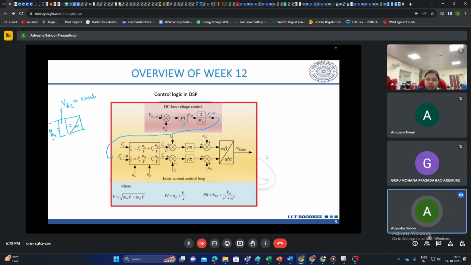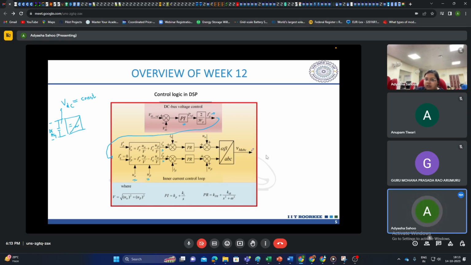When it receives the input from the voltage control loop, again we get the alpha beta desired currents, right? And here you have the alpha beta reference voltage information. Then using this PR controller, we will get the alpha beta desired reference for the voltage, which will be converted to the ABC reference.